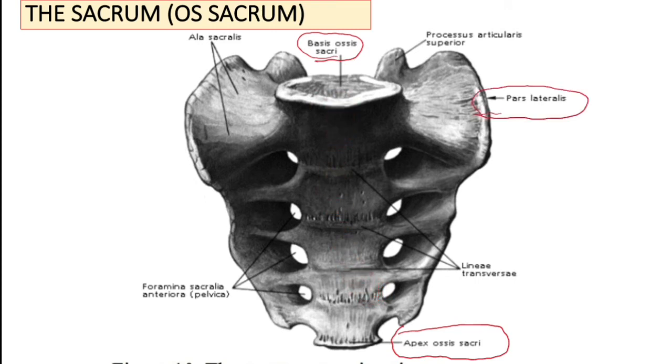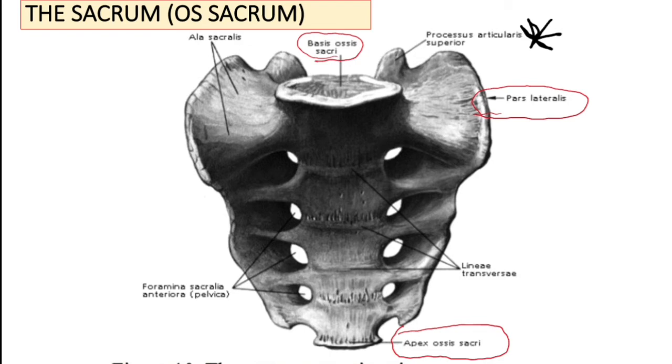And you can see the lateral part, pars lateralis, so 1 and 2, the plural being partes laterales. Here you can see this wing is called ala sacralis. You can also see how it articulates with the lumbar through the processus articularis superior.